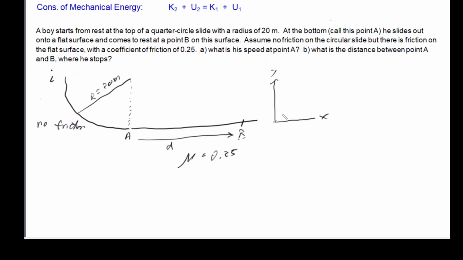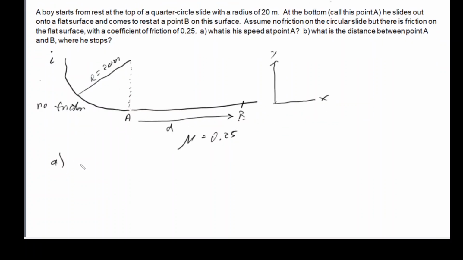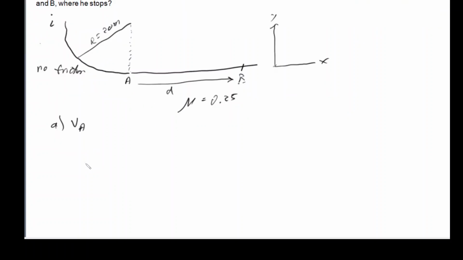So we want to know, first of all, what is the velocity at point A? So let's write our conservation of energy formula. Final kinetic energy plus potential energy is equal to initial kinetic energy plus initial potential energy.